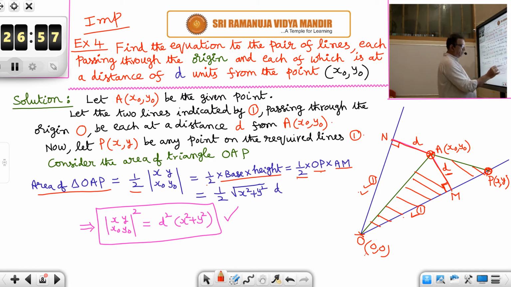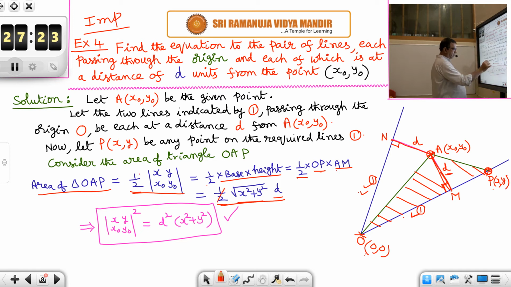So in the next step it becomes half into, what is OP? OP is nothing but the distance from the origin to the point (x, y), so root of x square plus y square. What is the height? AM is nothing but D, the perpendicular distance from the point (x0, y0) to the blue line. So these are the two ways: one is half into this determinant, second one is half into base into height.